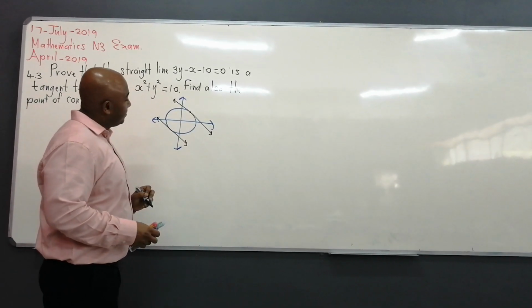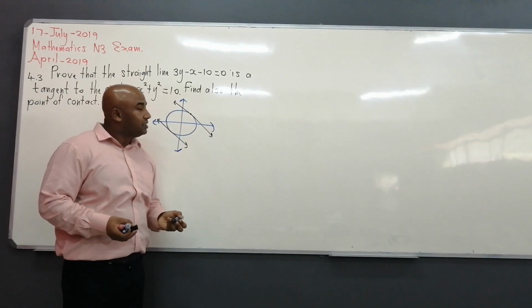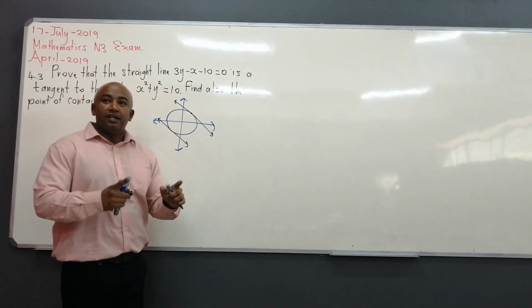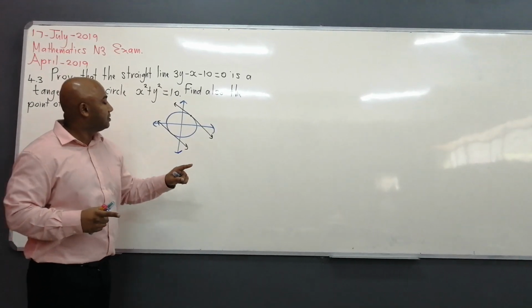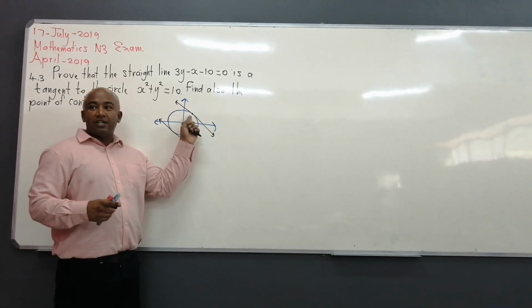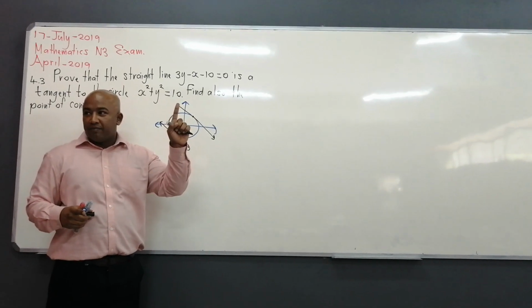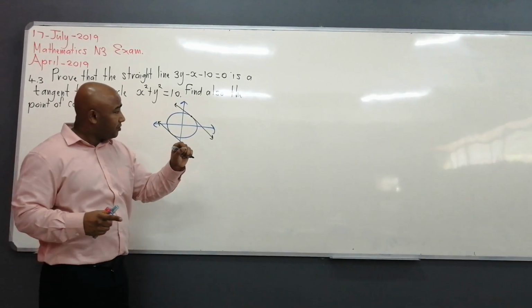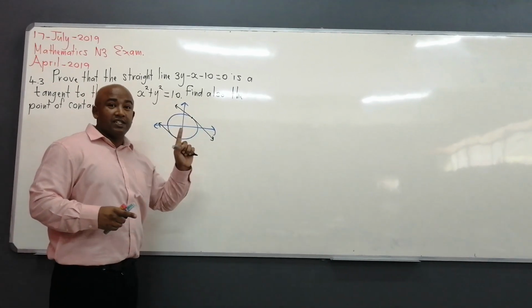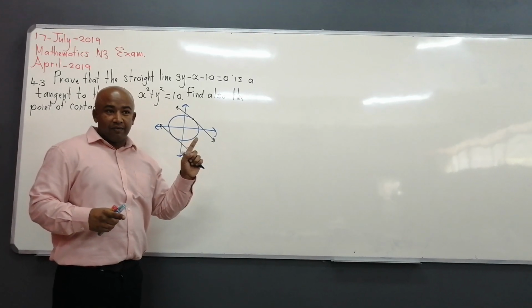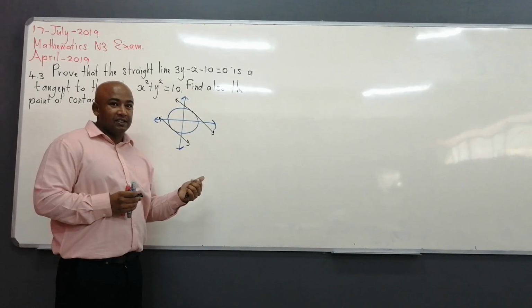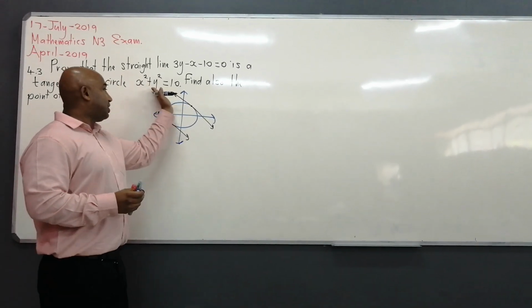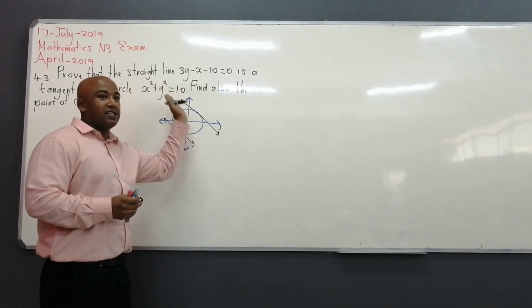Okay, just using an example to show you. So what does it mean now? These two graphs are intersecting, and they are intersecting at only one point. So therefore, if the graphs intersect at one point, that means the straight line is a tangent to the circle. Okay, if it's going to cut through, then it is not a tangent, it will be a secant.